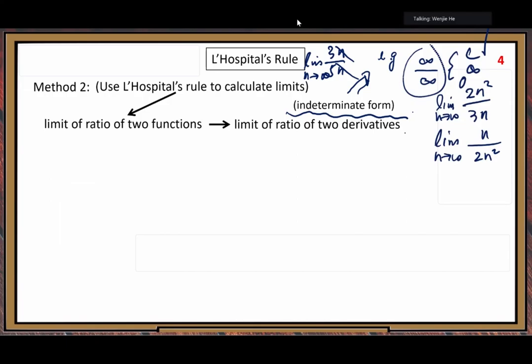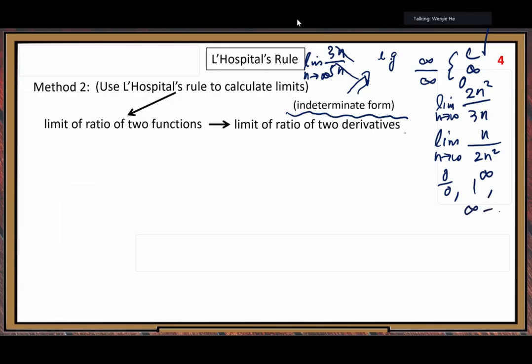Because there could be others, for example, 0 over 0 is also indeterminate. And 1 to the infinity is also an indeterminate form.